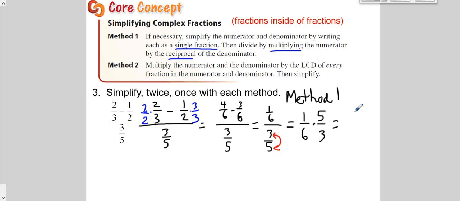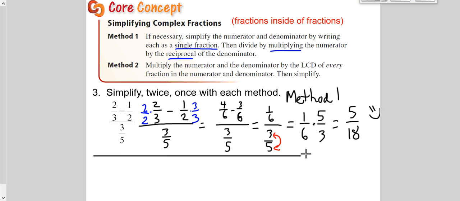And multiply your fractions, write down your answer. And there it is, 5/18. Well, that's method 1. Now let's try method 2.